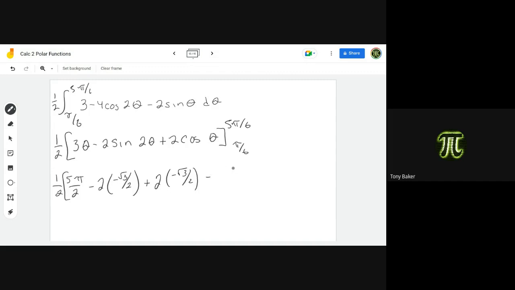Now minus pi over 2, plus 2 sine of pi over 3 is square root of 3 over 2.